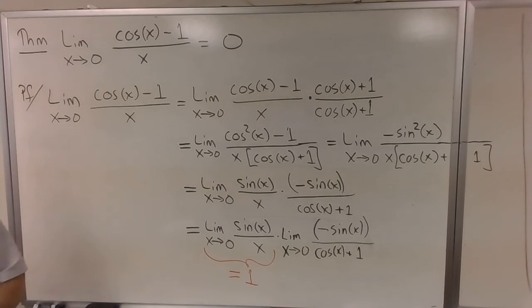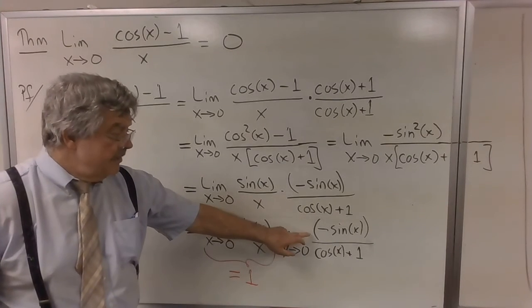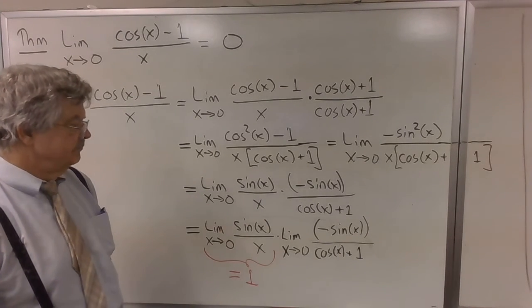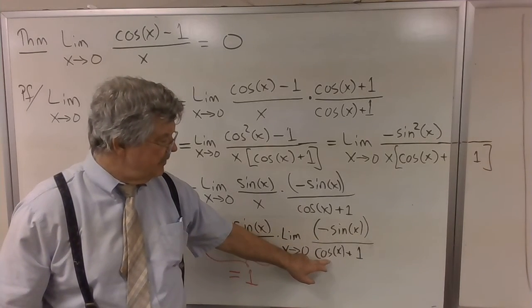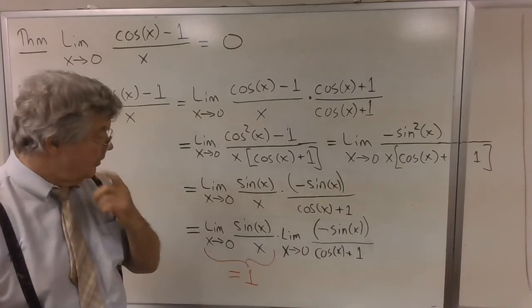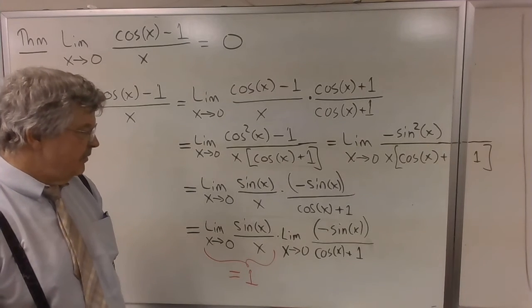That limit is 1. And this limit, well, sine and cosine are both continuous.